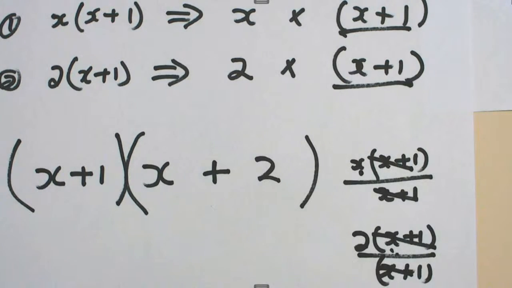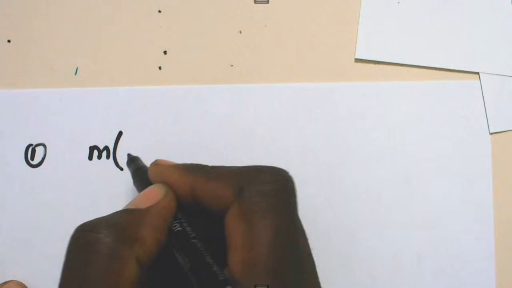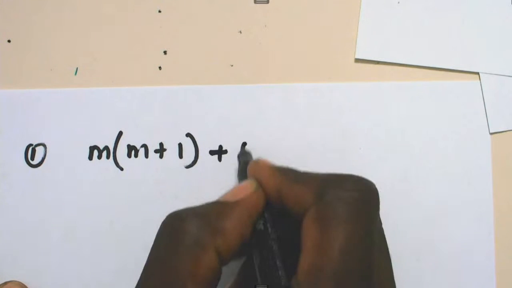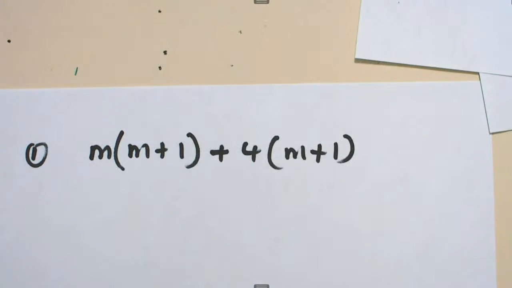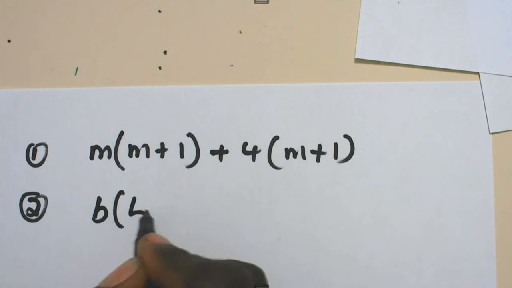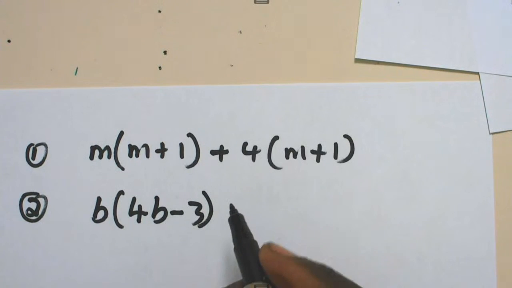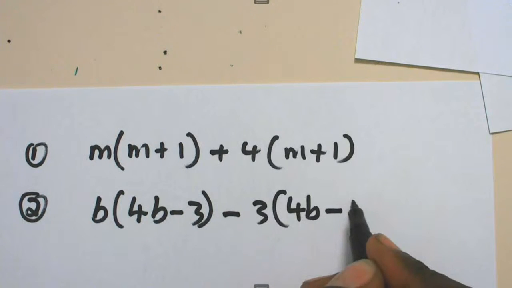Now, for you to do at home, I want you to complete the following. The first one is m into m plus 1 plus 4 into m plus 1. You can do it at home and complete it. Number 2, it is b into 4b minus 3, close bracket, minus 3 into 4b minus 3.